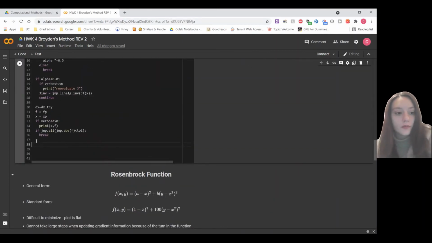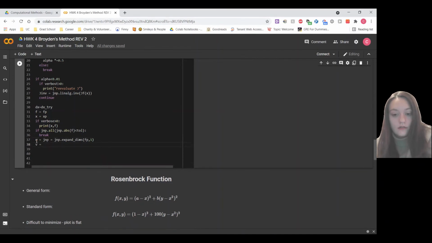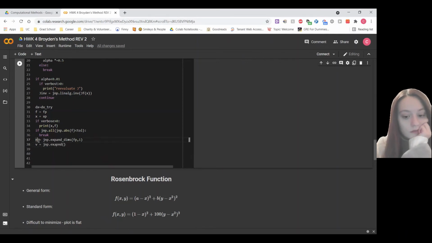So from the Sherman-Morrison method, we know that our u value would be, so JMP will calculate that automatically. So our u.